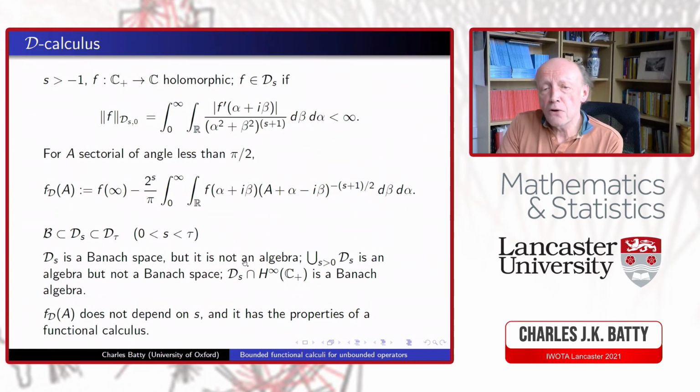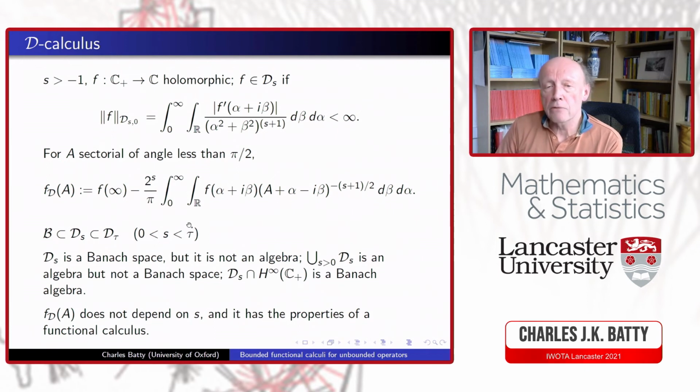The D_s is not an algebra, but their union is an algebra, but their union is not a Banach space. The intersection of D_s with H infinity is a Banach algebra. And then this formula looks as if it depends on S, but it doesn't depend on this, as it turns out. And then it has the required properties of a functional calculus.